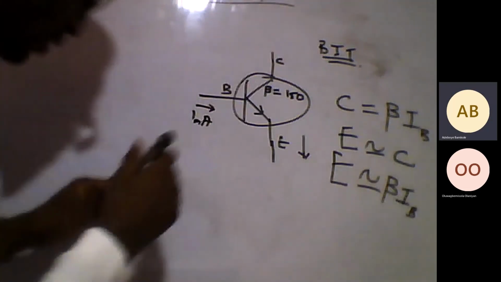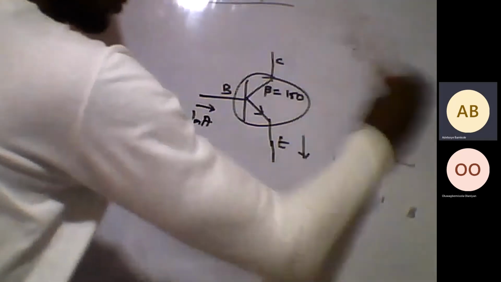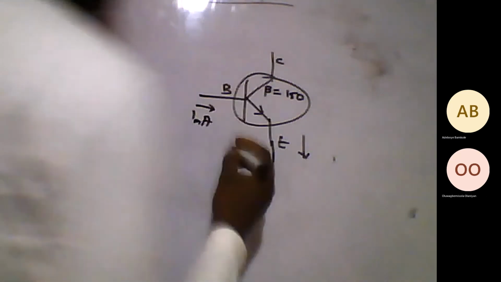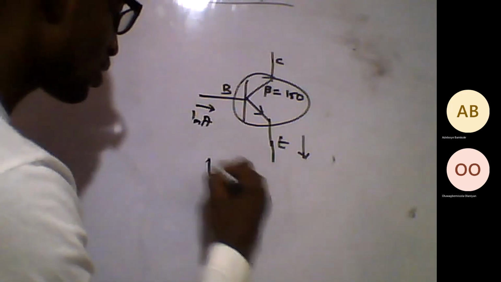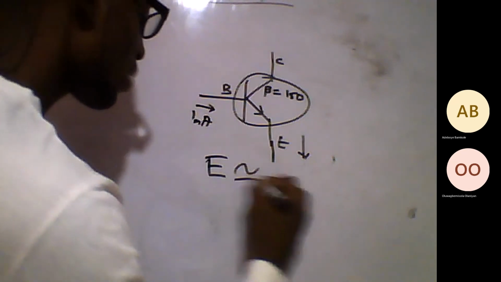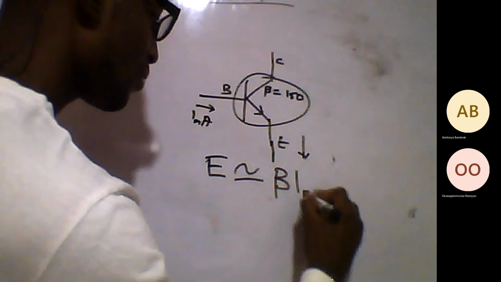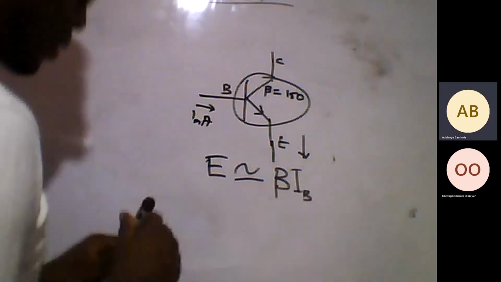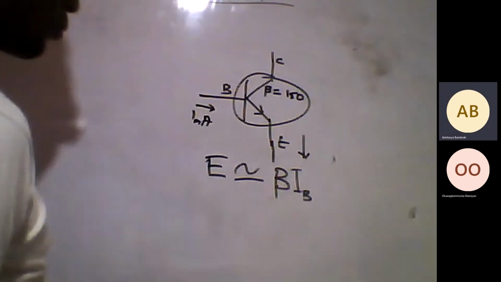You can see it, right? I can see it, sir. So, like I said, it is safe to assume that your IE is now approximately equals to beta IB. Are we together? Yes, sir.